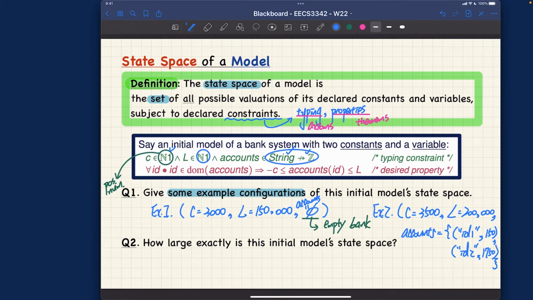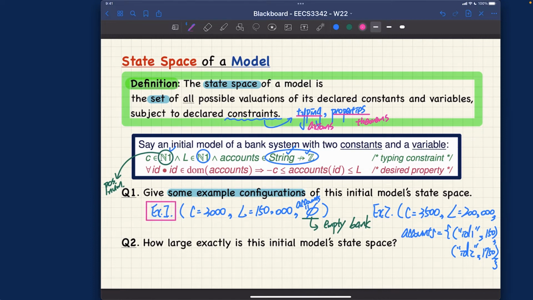You can kind of see what I'm doing here. The way I'm doing it is to simply work out a combination of the 2 constants and also the variable over here, such that it will satisfy all the constraints we have already specified. So that will determine the model's space. You can think about this as a member of the state space. This is just another member of the state space. That's also very important to actually see.